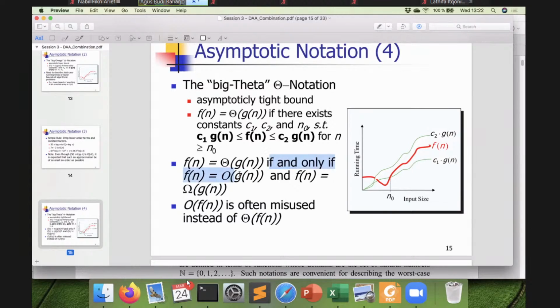If and only if f(n) is part of big O and f(n) is part of big omega, as you can see here, it's between both of them. You see, big O is often misused instead of big theta. So as you can see in the second chapter last week, they wrote big theta, but actually it's more like big O.